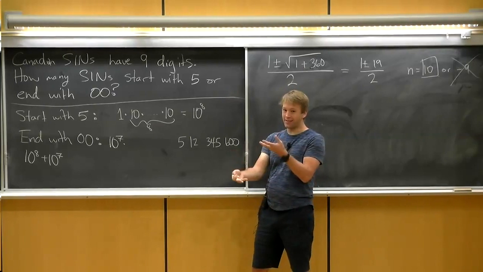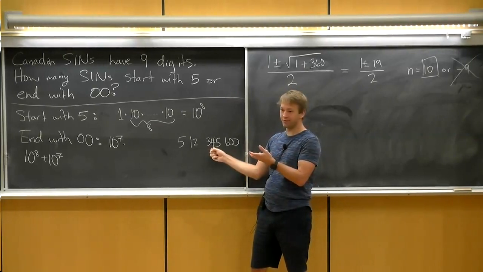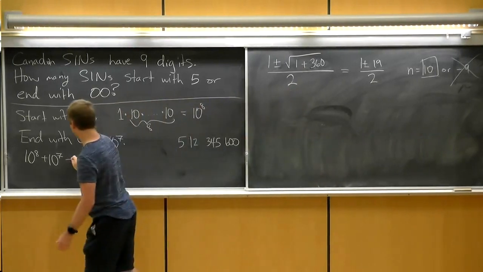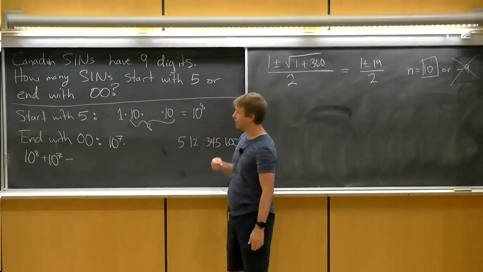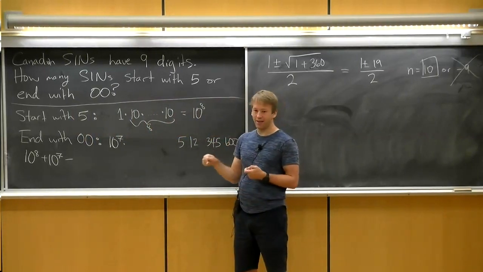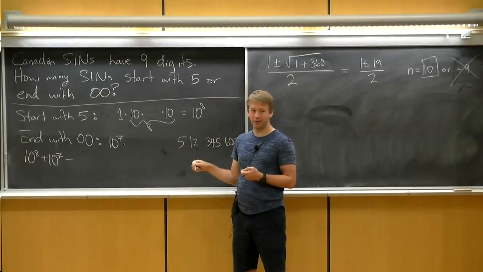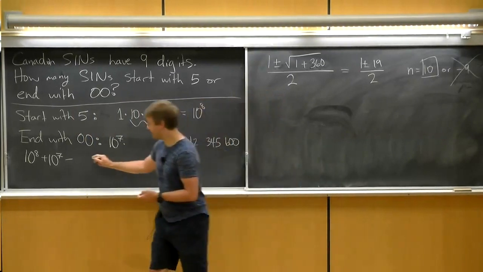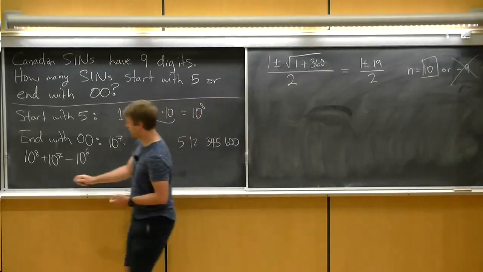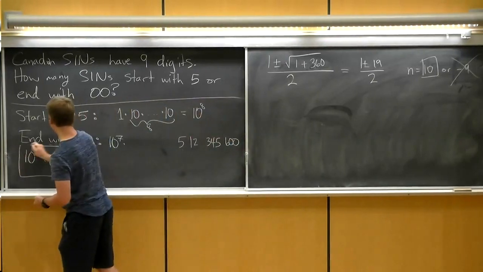So if we just add these things, this will get counted twice. So you then have to subtract the number of social insurance numbers that start with a 5 and end in a double 0, which will be 10 to the 6. Okay, so this is your answer.